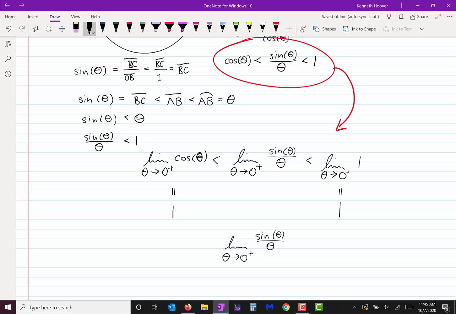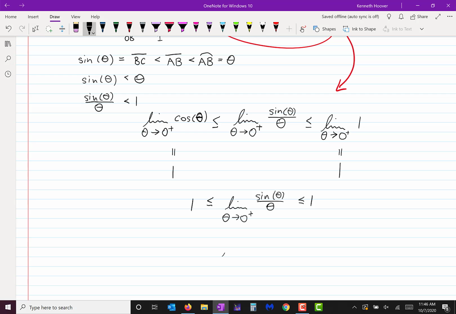Oh, by the way, I'm sorry. Those inequalities that I wrote there, when you put a limit onto it, they should now be greater than or equal to, less than or equal to. Okay? So now we have the limit of sine of theta over theta as theta approaches 0 from the right. It's greater than or equal to 1 and less than or equal to 1, which means that it equals 1.